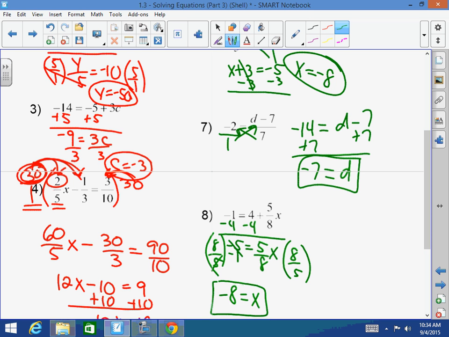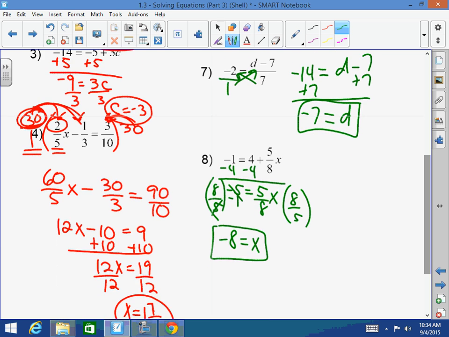Oh, okay. I see what you mean. Once you subtracted the 4, then you cross multiplied. You can do that, but it's a little bit more work, right? Because then you got to multiply the 8, and then you got to divide by the 5. So the answer to your question, you could do it. Absolutely. You know me. As long as it's comfortable to you and it's the proper mathematical procedures, I'm good. So what he's saying, guys, is this, just in case anyone's wondering. He subtracted the 4, and he was left with negative 5 equals 5/8 x.